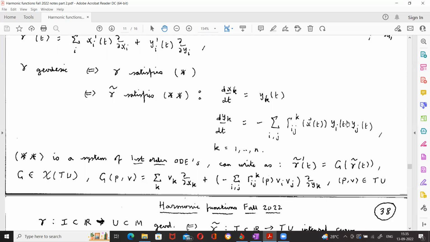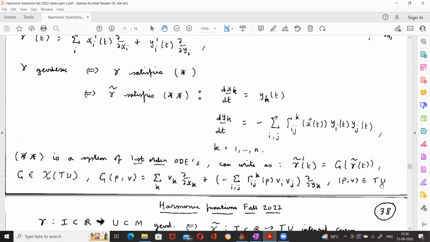So minus sum over ij, gamma ij k of p into vi vj, into del yk. So this defines for you a vector field on the tangent bundle. This is a function of (p, v), an element of the bundle.